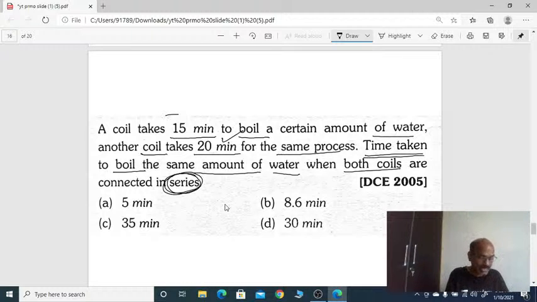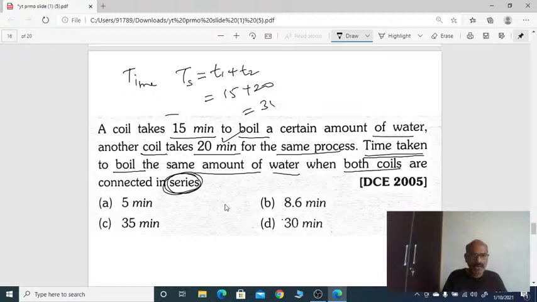When both are connected in series, T1 plus T2, because both coils will offer more resistance, right? So T1 plus T2, 15 plus 20, 35 minutes. It is option C.